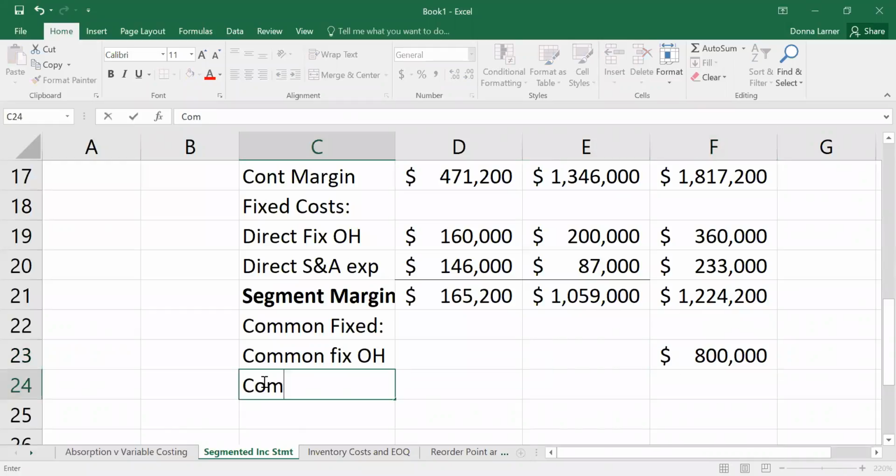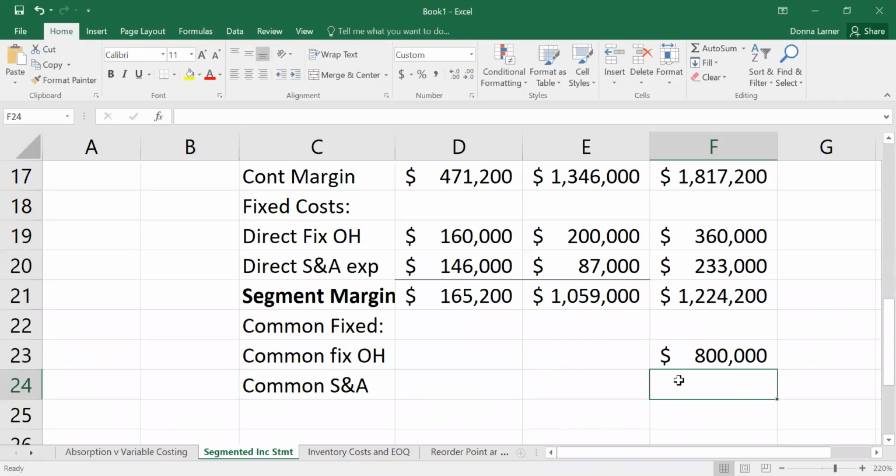And now common fixed selling and administrative. So I'm just going to abbreviate that, selling and administrative expenses, common ones. And those are another $450,000. So there's a lot of costs there. We take those away, we can tell if the company is making a profit.